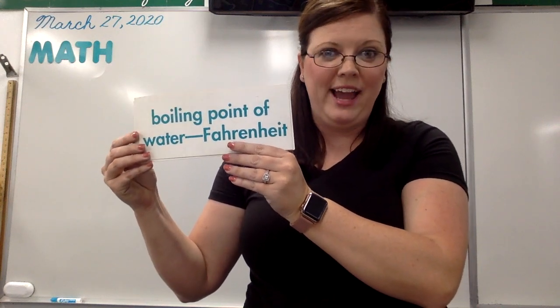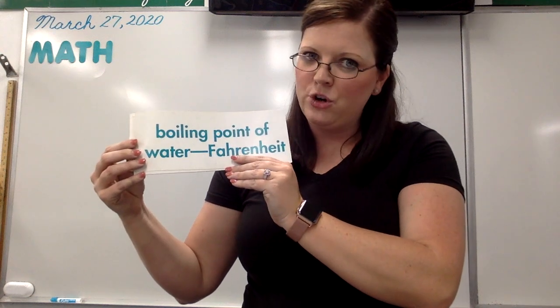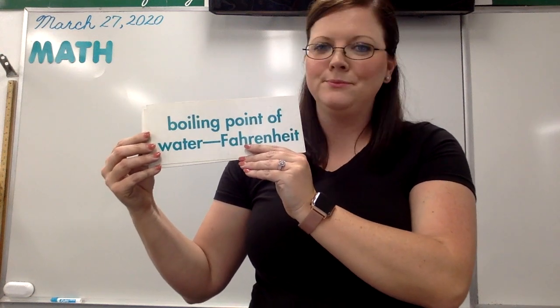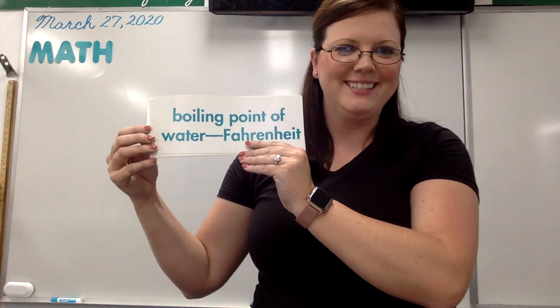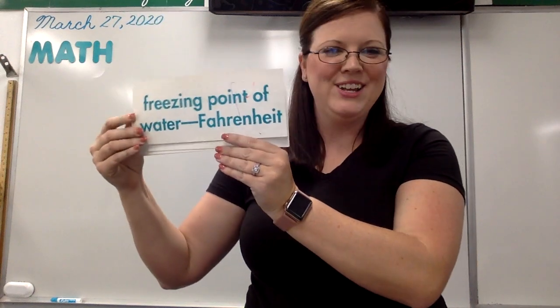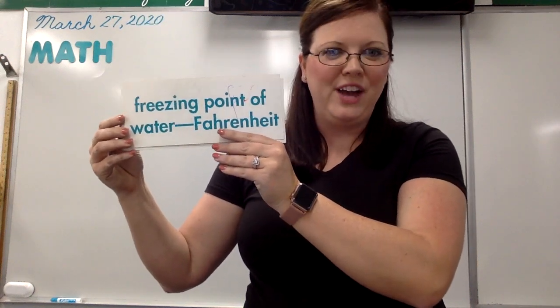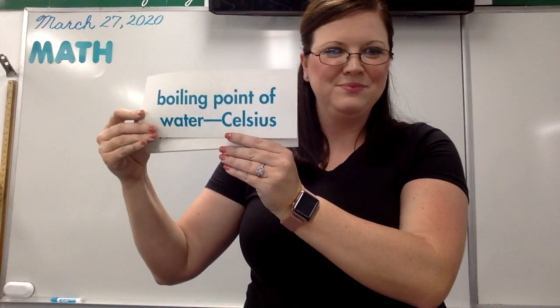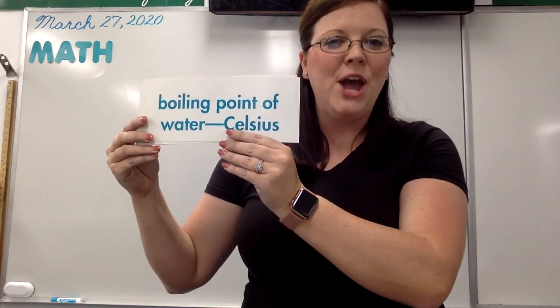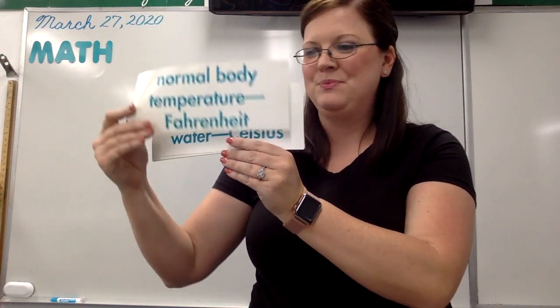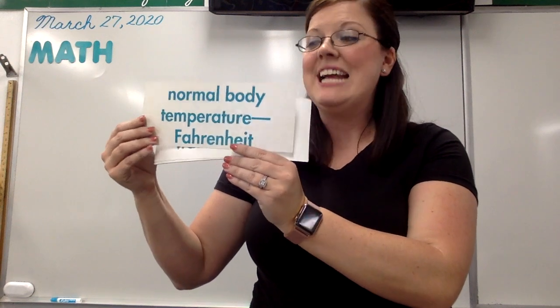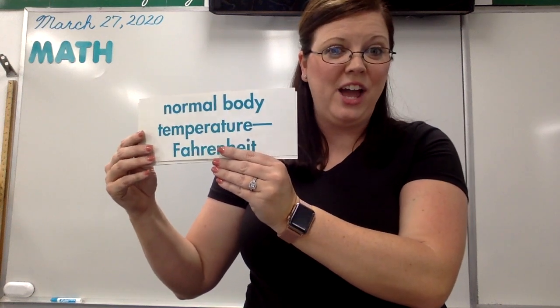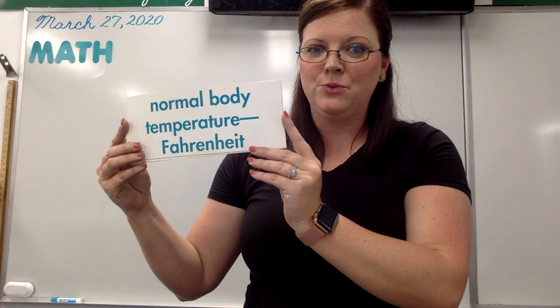212 degrees Fahrenheit. If you didn't say the degrees Fahrenheit, go back. Doesn't count. 32 degrees Fahrenheit. 100 degrees Celsius. 98.6 degrees Fahrenheit. Oh, they're checking everybody's temperatures right now.